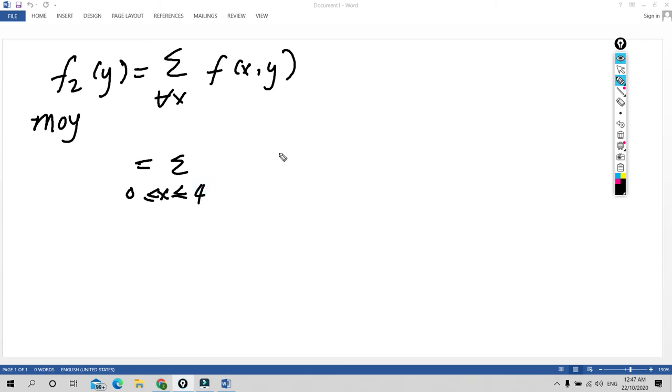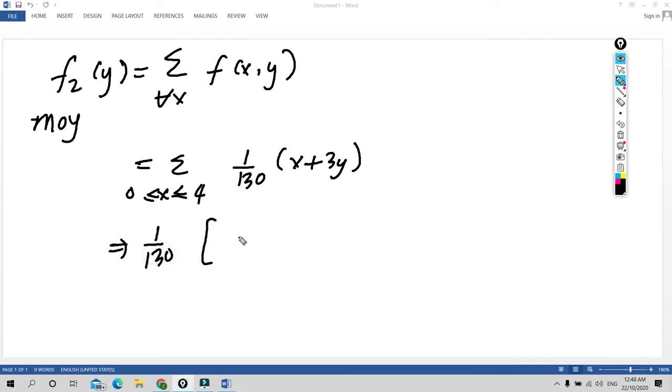And the function there is 1 over 130 times (x plus 3y). So you can bring out 1 over 130.